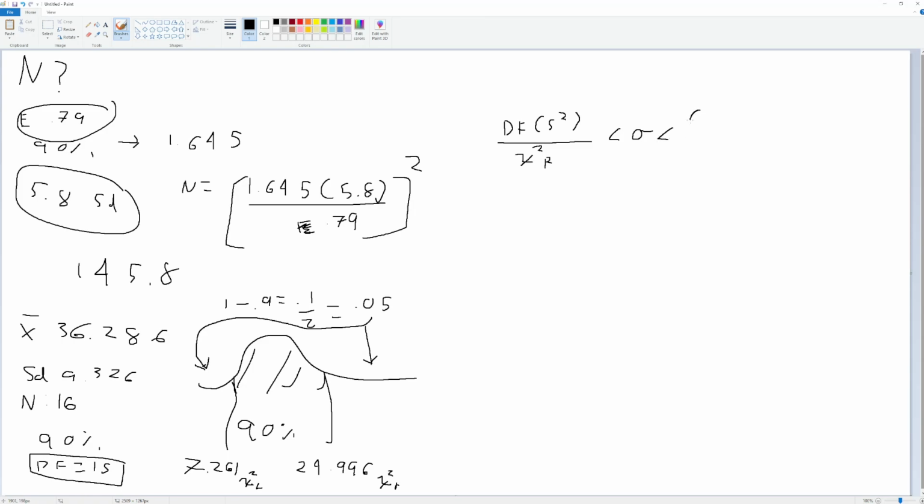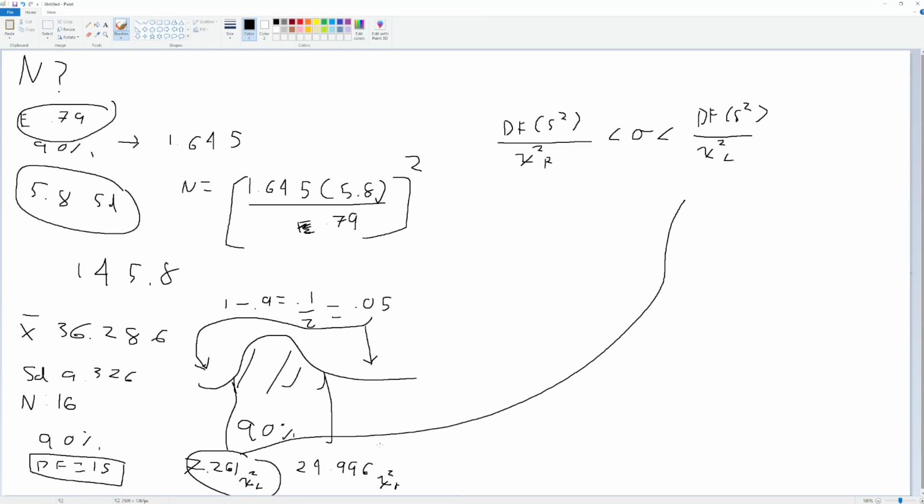Which is less than degrees of freedom times standard deviation squared divided by chi squared to the left. In other terms, this number goes there, that number goes here.